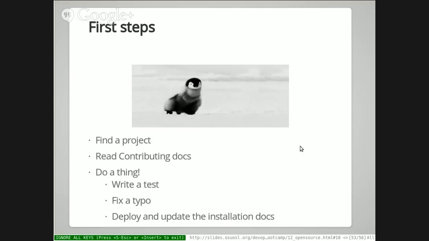If you write a test for something which isn't tested, which might be a critical piece of code, people will really like you. Writing a test is a great way to get started contributing to a project, because you learn what the code is expected to do, and you perform an absolutely critical function for the project.